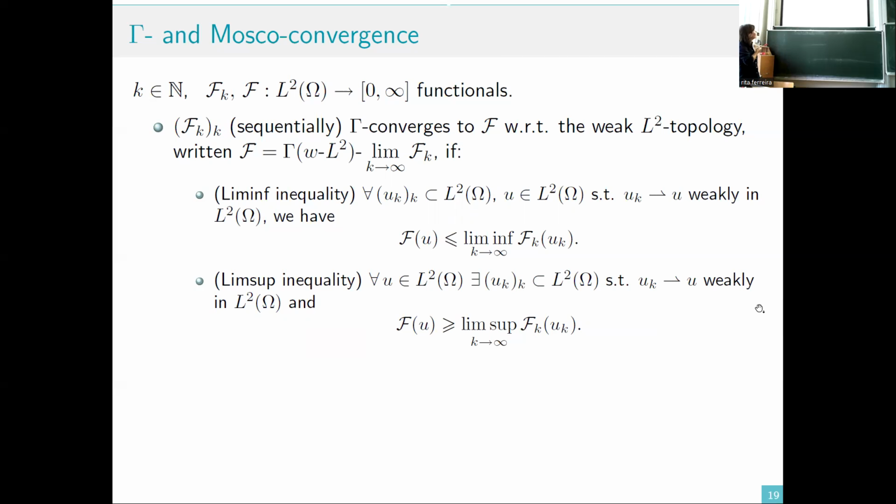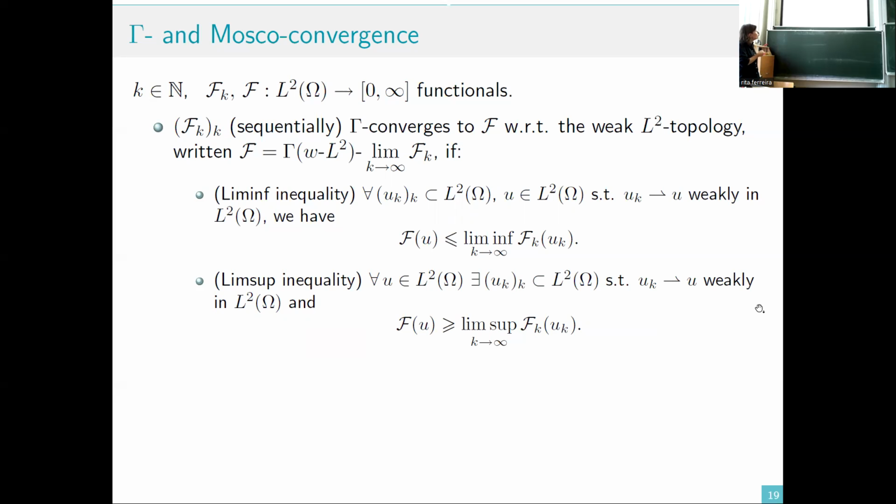So if you have a family of functionals and a functional F, you say that your family gamma converges with respect to the L2 topology if you have this kind of lower semi-continuity property: whenever you take a sequence that weakly converges to a U, then this inequality holds true.